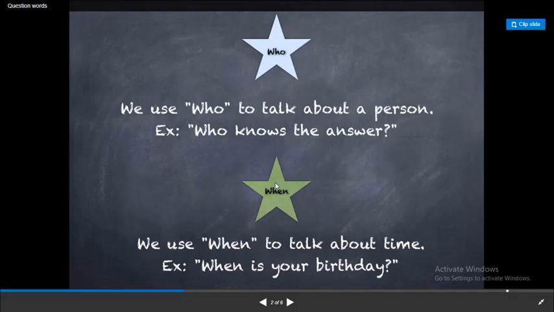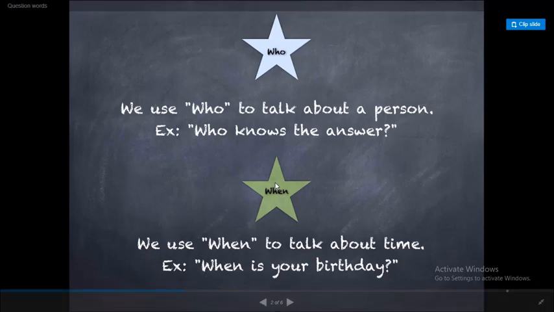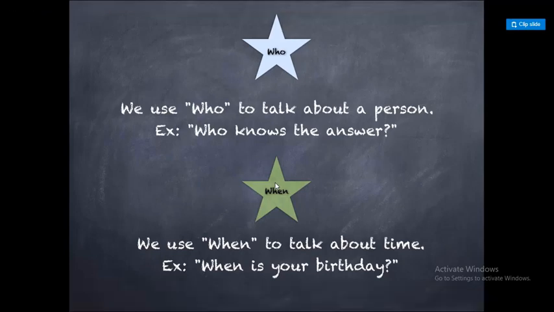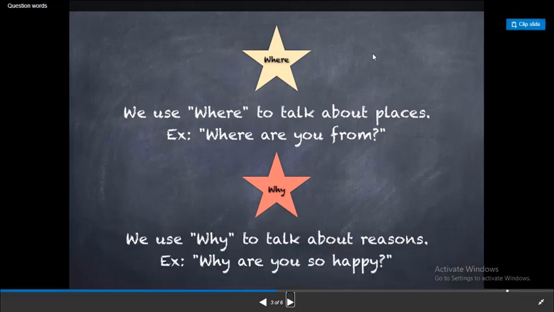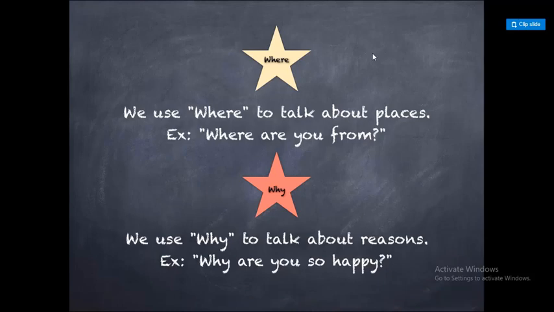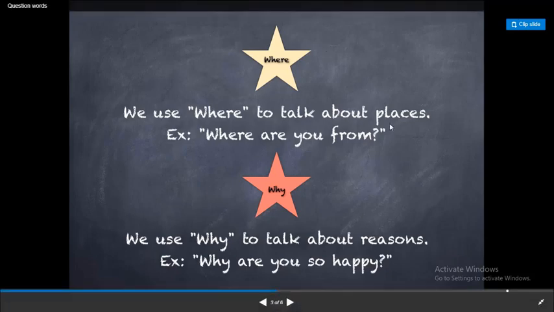The second question word is when, and it is used to talk about time. Like, when is your birthday? The next word is where, and we resort to where to inquire about places, as in, where are you from?